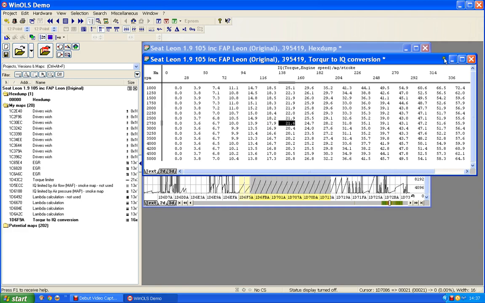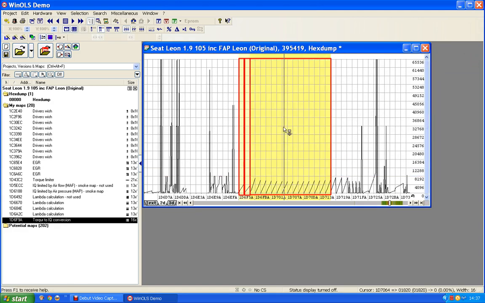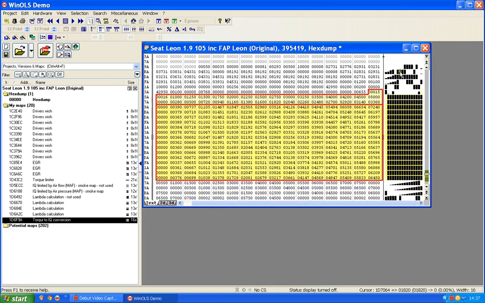Now, one thing that's worth mentioning, if I just get that out of the way, Windows has found this one, and it probably found it because if I go to text view, there we've got 15, 16, so it's found those 2 pointers for the axes, and so that probably helped it find it.